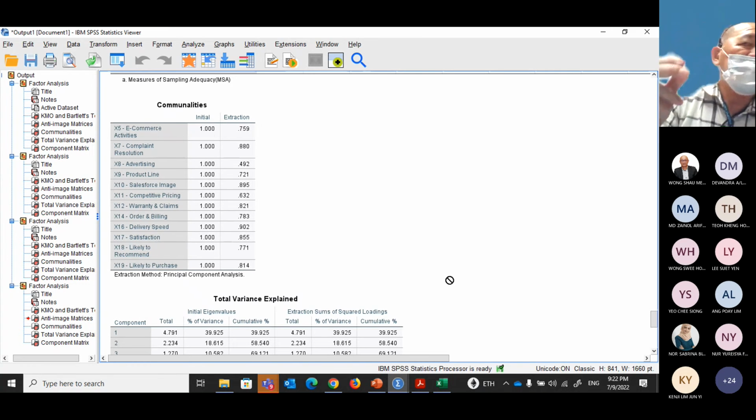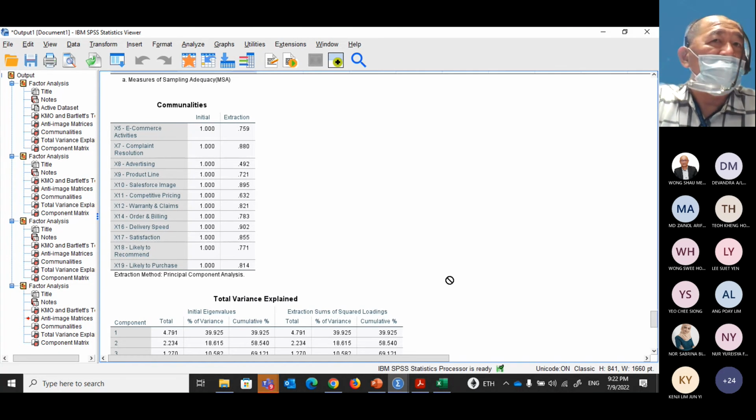The logic part is actually not so important, because you already discussed it at the very beginning, for example in your capstone, where you include this. For an assignment, no need. But for a capstone, you may explain a bit more why you remove them. For example, maybe the data is not too good, maybe the question is not too clear, maybe the respondent doesn't want to answer this question, or some sampling error.